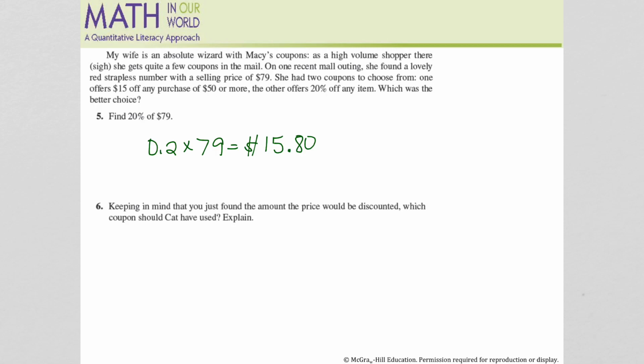If we choose the $15 off, then we get $15 off. The 20% gives us $15.80 off. So the 20% off is better because we save 80 cents, which is better than nothing.